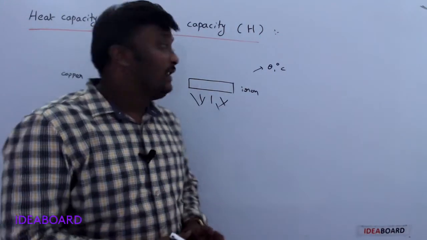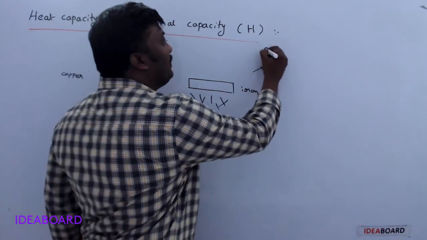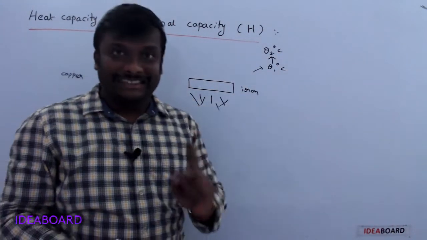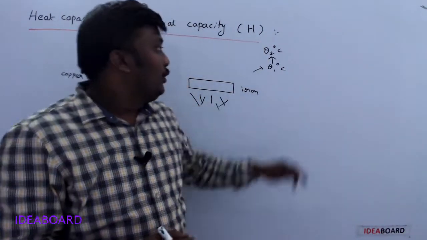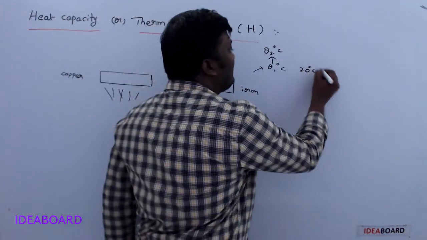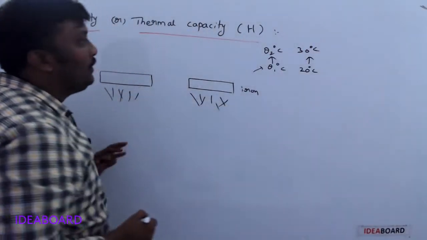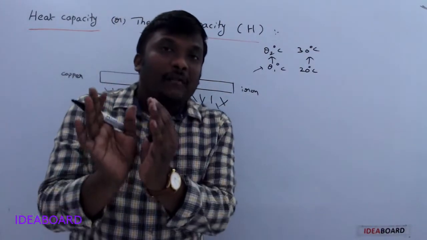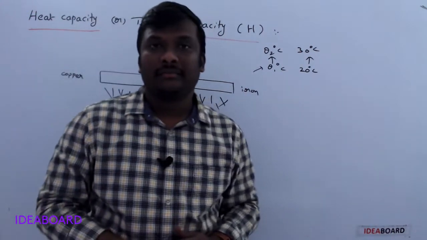If you supply heat to copper and iron to increase the temperature to theta 2 degree Celsius, then copper takes less heat to reach from theta 1 to theta 2. Suppose it is from 20 degrees Celsius to 30 degrees Celsius. If the copper is heated from 20 to 30 degrees Celsius, the quantity of heat required is lesser compared with the iron.